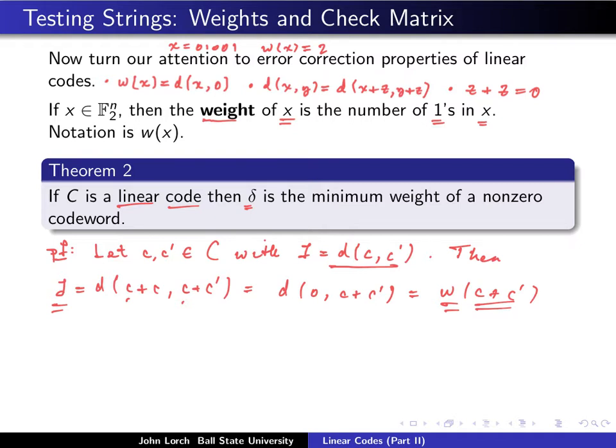Remember, to measure delta, c and c prime must be distinct, and that forces the sum c plus c prime to be non-zero. So we have delta being the weight of a non-zero code word. And frankly, if there were some non-zero code word with a smaller weight, then delta in turn would have to be smaller. And so this ends up proving the theorem.